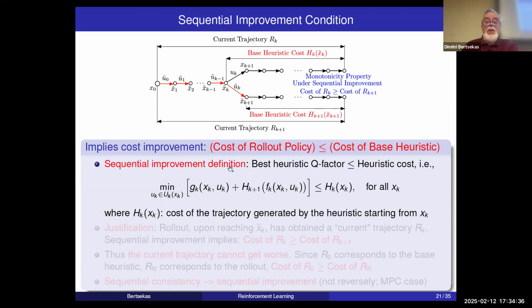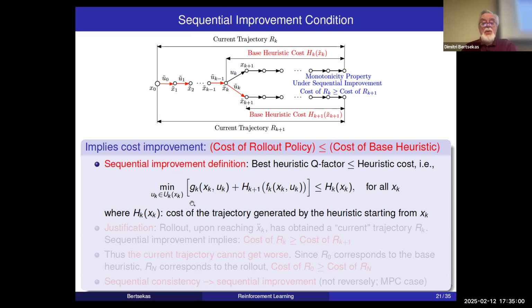Now, the sequential improvement condition says that this trajectory should have lower cost than this trajectory. That's what I'm saying here. The best heuristic Q factor, this one here, is less than the heuristic cost of going through here.